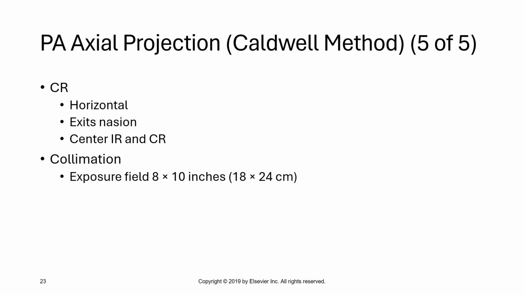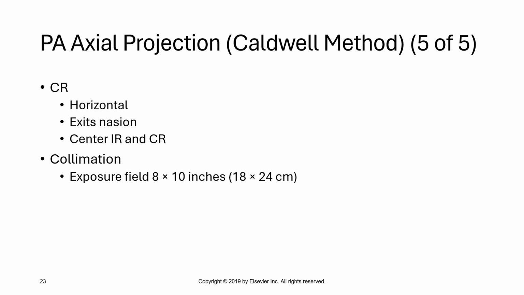Collimation, 8 by 10. I would say for a PA axial Caldwell, you can probably go 8 by 8. If you do have a longer dimension, that would be portrait style, so open up top to bottom more than you do side to side.